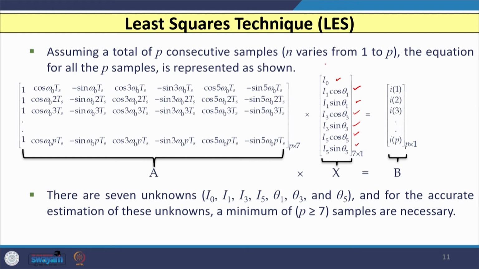So, these are the unknown values, and on the right hand side the known values, which are nothing but the samples we are acquiring for this current signal. That sample varies from I 1 to, let us say, I p, where p is the number of consecutive samples. In that case n varies from 1 to p. If I have 16 samples, then this small n varies from 1 to 16.